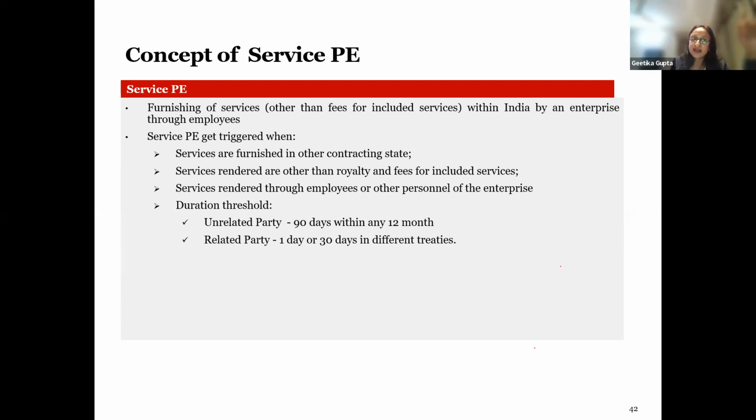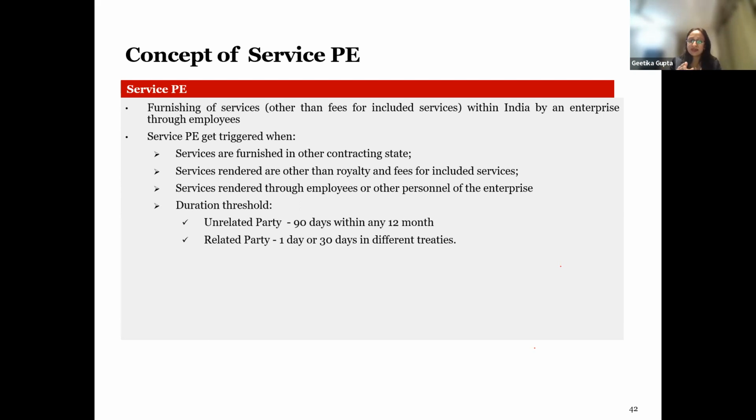If the non-resident is providing the services from outside India, then there is no P. There has to be a presence in India of the foreign enterprise through employees or other personnel to trigger a service P. So the conditions are: services are furnished in India, services rendered are other than royalty and fee for included or fee for technical services, services are rendered through employees or other personnel of the foreign entity, and if the period of stay in India exceeds a threshold, it leads to P.